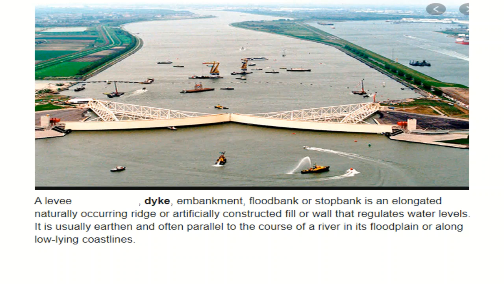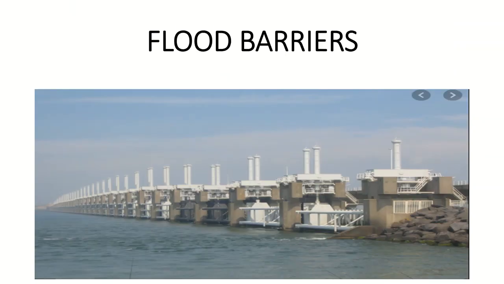It is usually earthen and often parallel to the course of a river in its floodplain or along the low-lying areas. Sometimes flood barriers are also made along the banks of the rivers, so that whenever there is a rise in the level of the river, it can be stopped by these barriers.